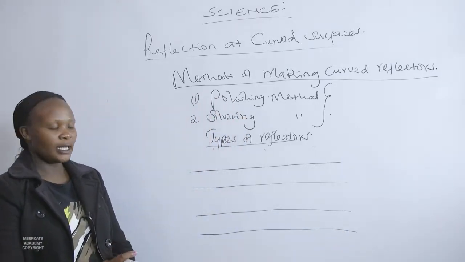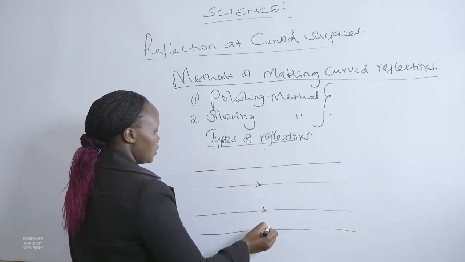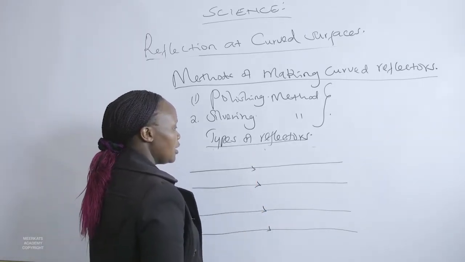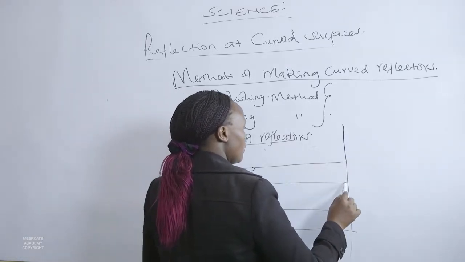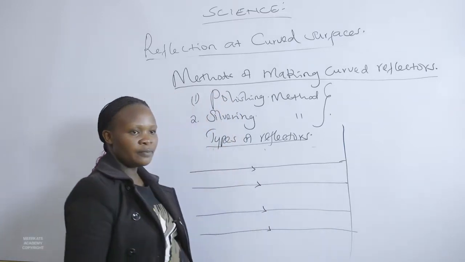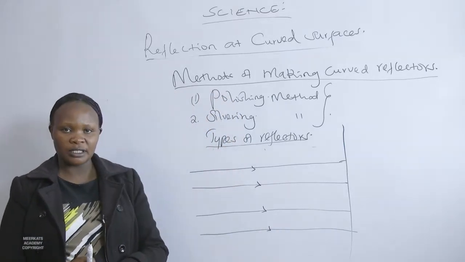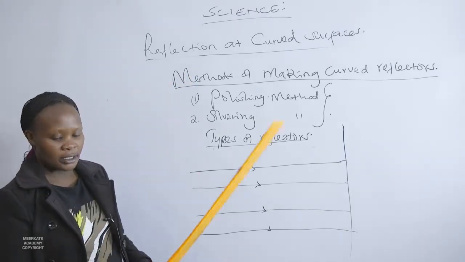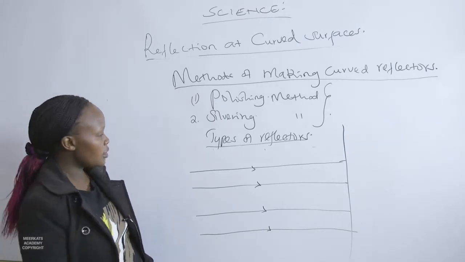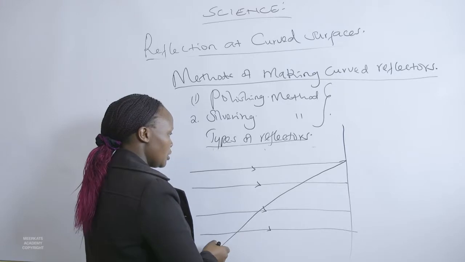If you had a parallel beam like that, and then let us assume that this one is our concave reflector, upon reaching our concave reflector, we will expect that the rays will converge at a point.